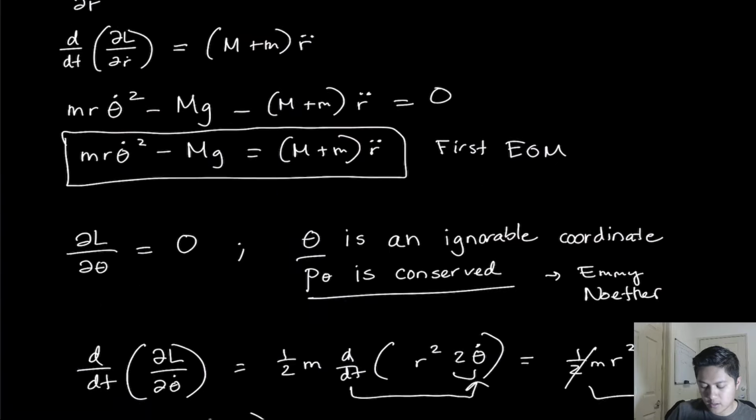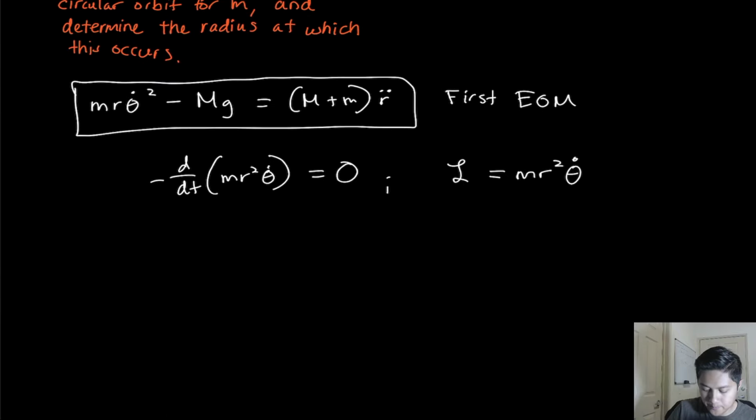So the condition that you need for a circular orbit for little m is we need the velocity of the position variable, that radius r, we need r dot to equal 0, and we also can't allow that thing to accelerate. So that means that r double dot must also equal 0.